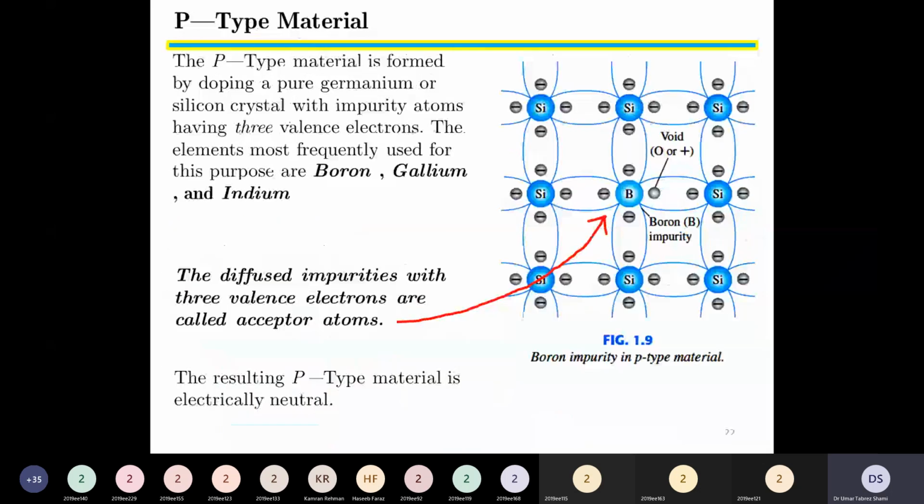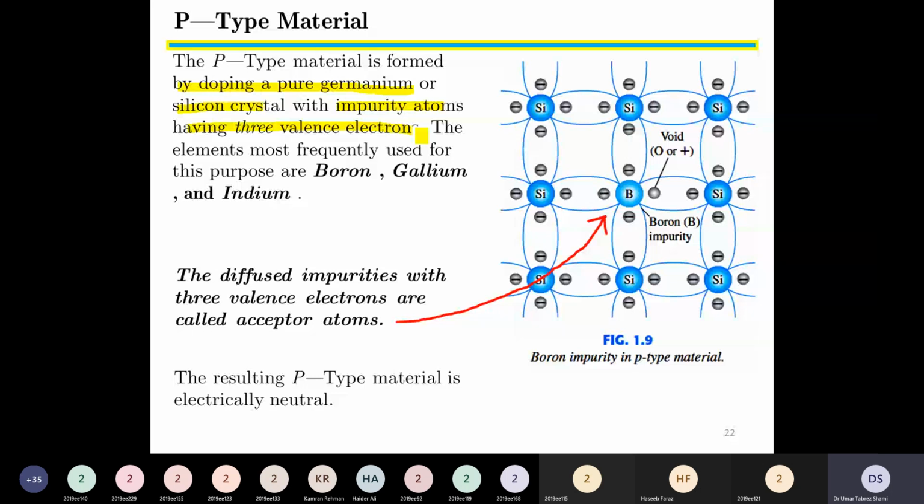Then comes the creation of P-type material. A P-type material is formed by doping pure germanium or silicon crystal with impurity atoms having 3 valence electrons. This is the only technique to produce P-type material: we add atoms having 3 valence electrons.